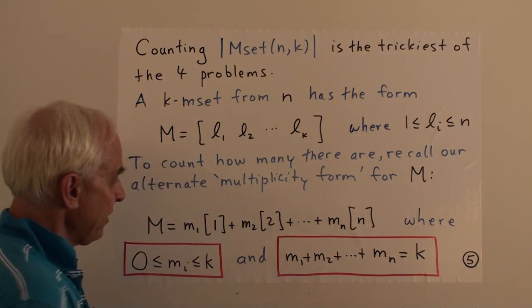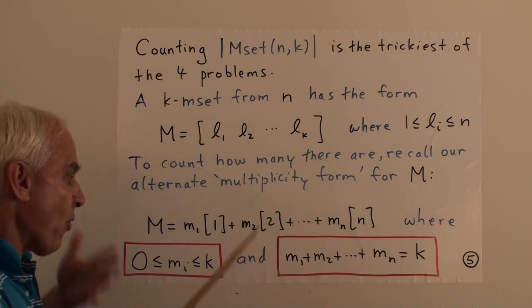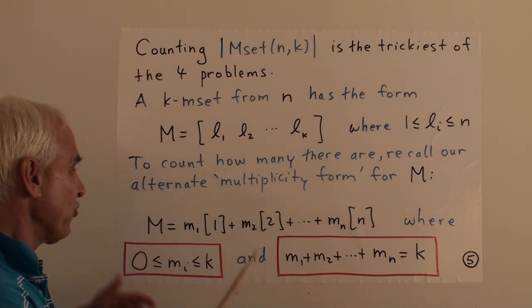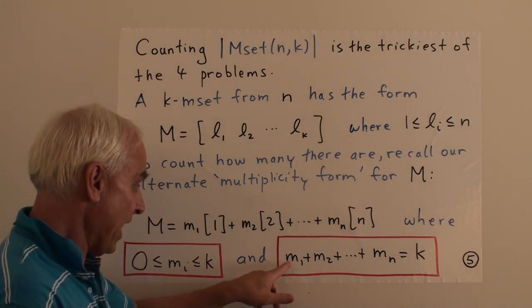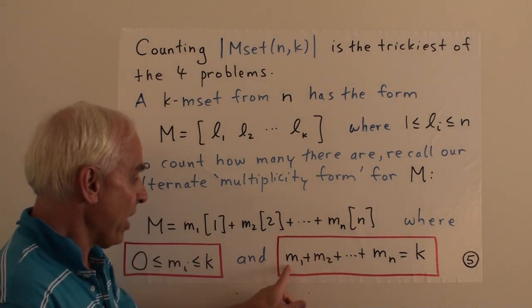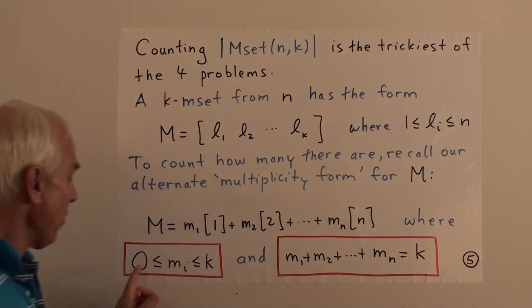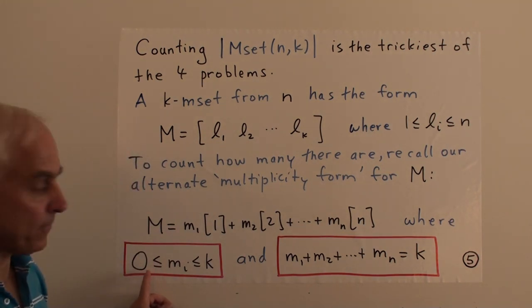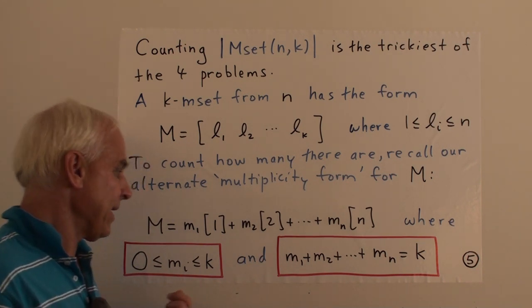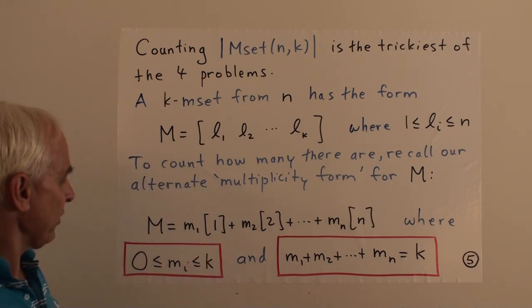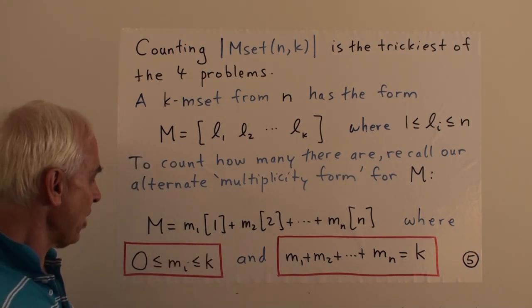These conditions then are another way of thinking about what the problem is. We're trying to find out how many solutions there are to finding m1, m2 up to mn where they sum to k and they're all non-negative. In fact, this condition that they're all less than or equal to k is really not entirely needed. It's true, but it's not really needed.